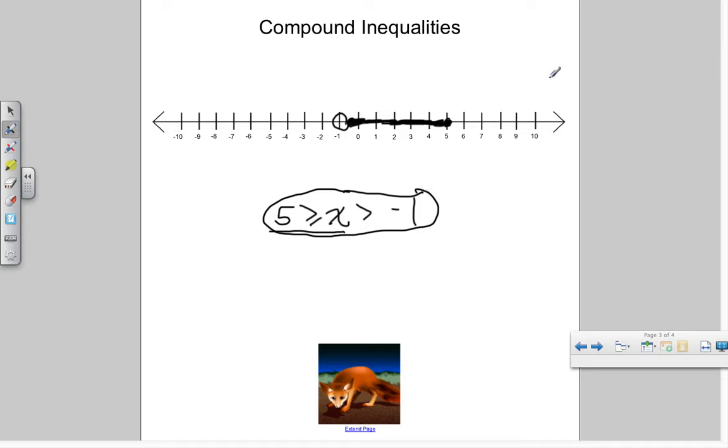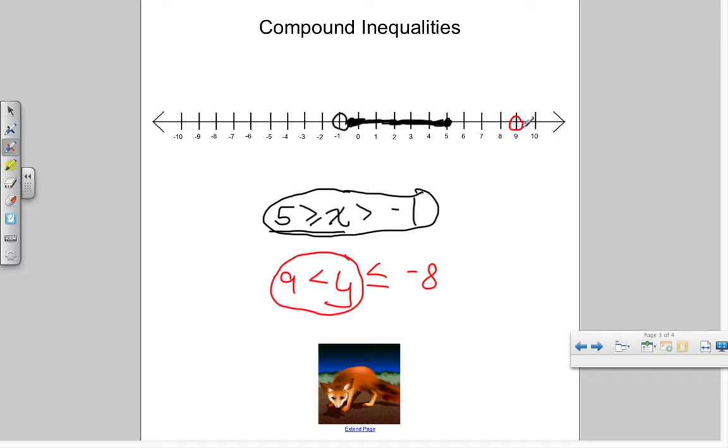There are some that will extend this way and have nothing overlapping in the middle. That would look something like this. Let's do it in a different color. If I had y is less than or equal to -8, but at the same time greater than 9, let's look at these separately. This part here, y is bigger than 9. So let's find 9.